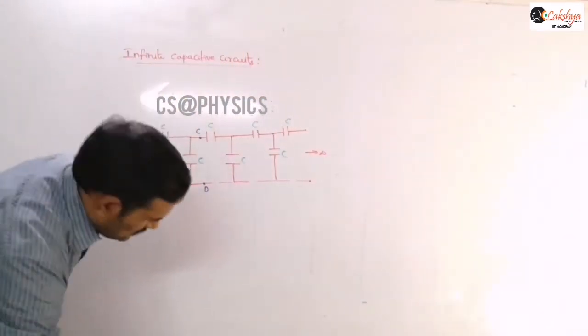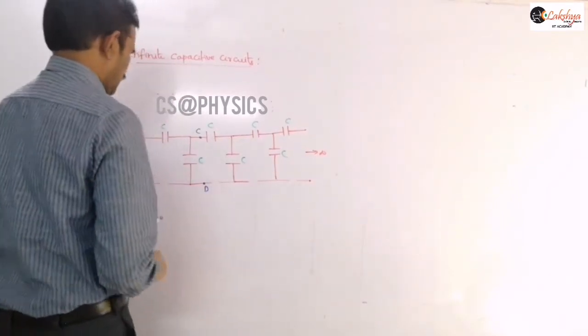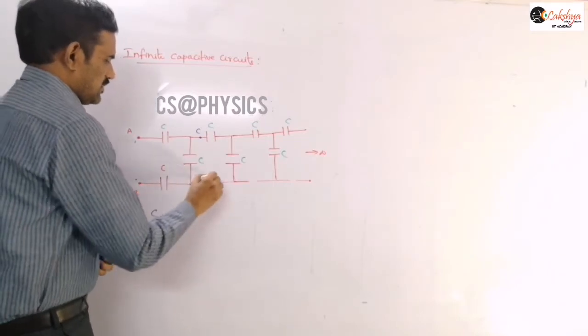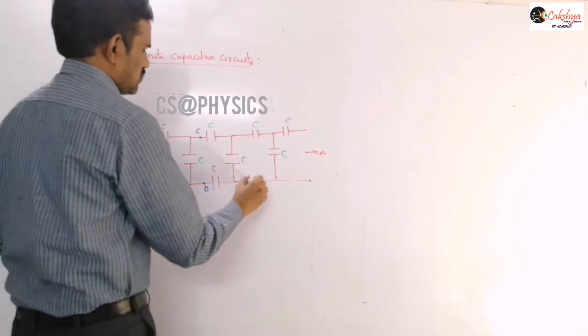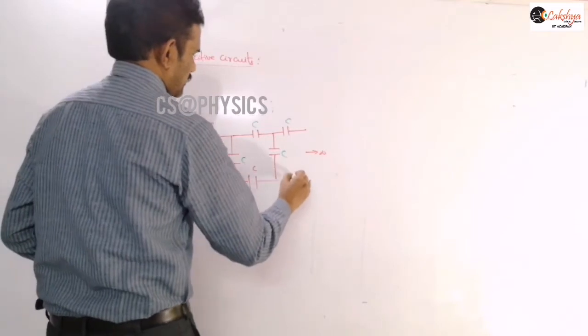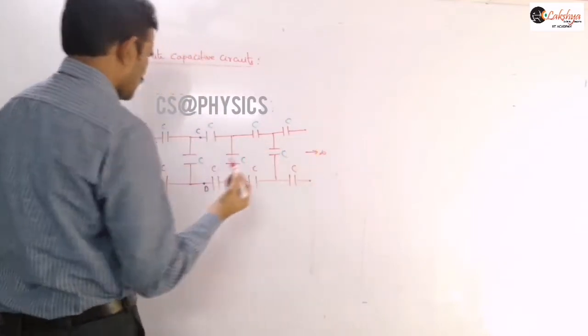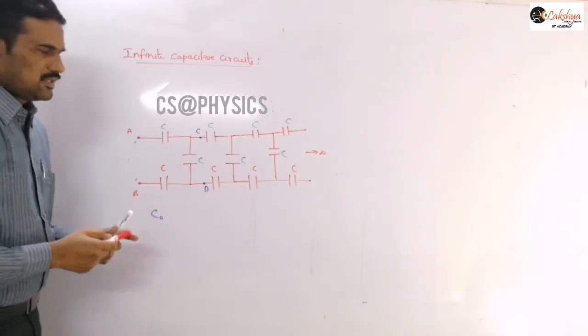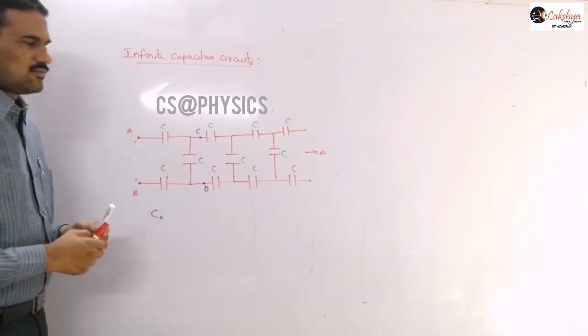Is it clear? This is again C, and this is also C, and this is also C. Right? Is it clear? Again it tends to infinity, and we need to find the effective capacitance between A and B, the same thing, right?